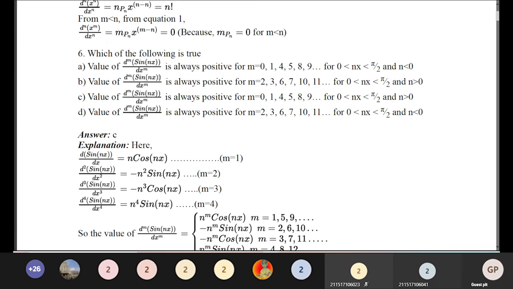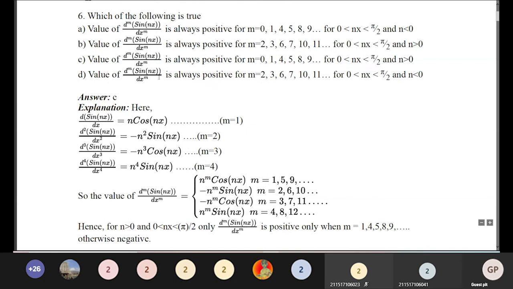Similar problem, the sixth one, you take it as a practice one. Take 2 minutes for this problem, please, all of you. Which of the following is true? The mth derivative of sine nx is always positive for m equal to 0, 1, 4, 5, 8, 9 in the interval.